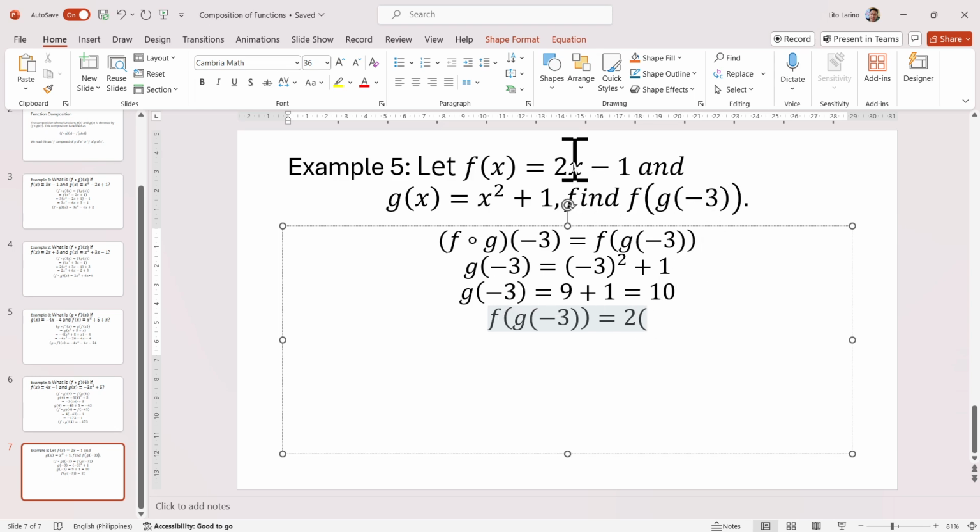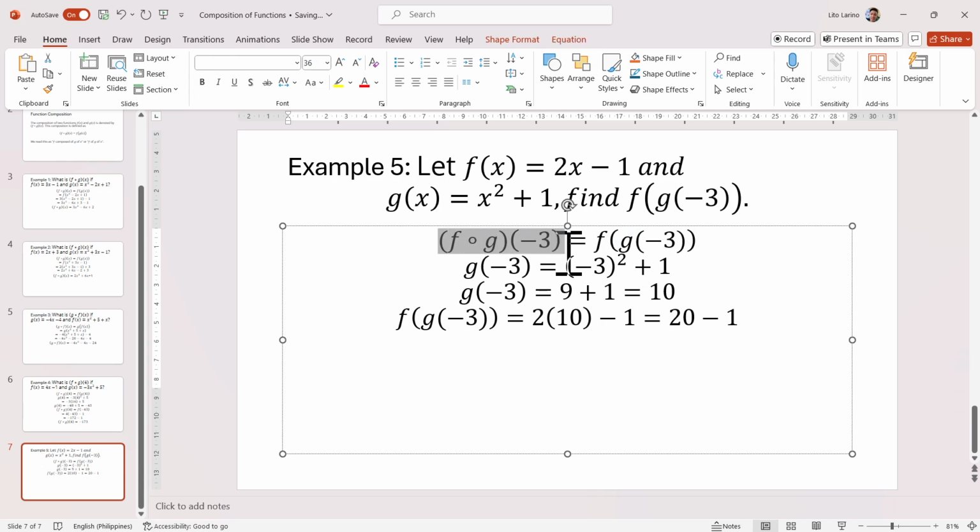Therefore, that is 2 times 10, and then minus 1, and this is equal to 20 minus 1. Therefore, f of g of negative 3 equals 19.